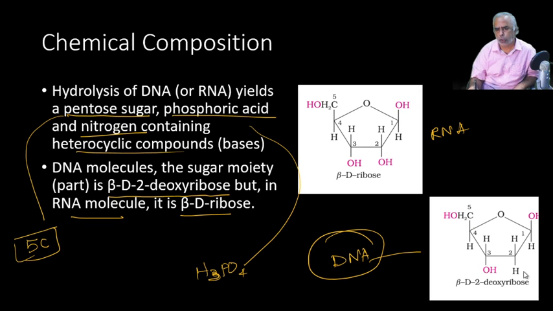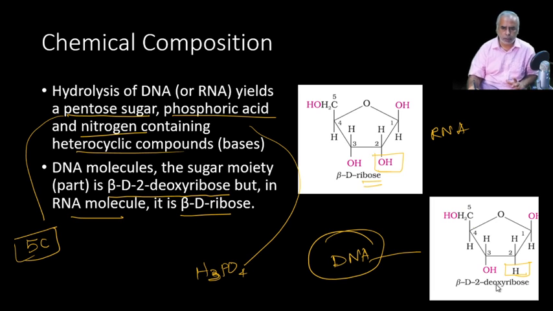There is no oxygen, and that is why it's called deoxy. Whereas here you have the oxygen, so that is ribose. Since it doesn't have oxygen, it is called deoxyribose.